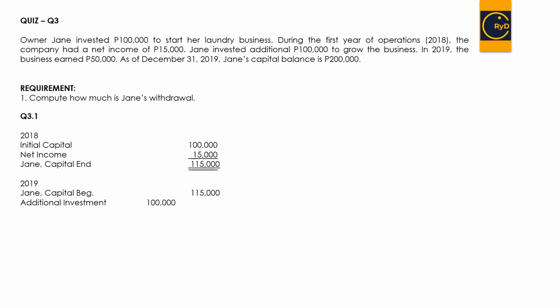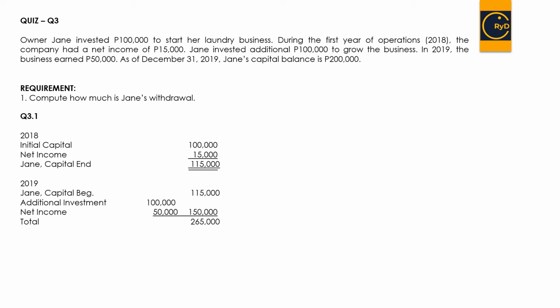So here, we add her additional investment of 100,000 and her net income at 50,000. So that's a total of 150,000. So we add that up with our beginning capital to arrive at our total of 265,000.